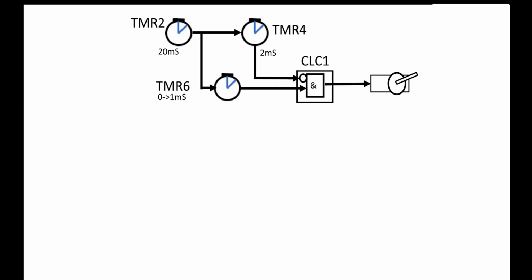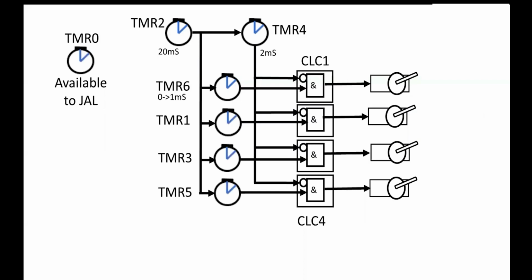And the 2 millisecond timer would be the same for every servo I want to use. So by that logic, I could simply use the other 3 timers that I've got spare, and I've got another 3 CLCs, and I can simply drive 4 servos off this chip and still have timer 0 available.